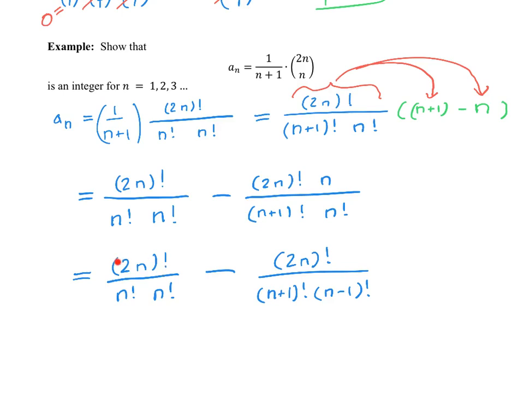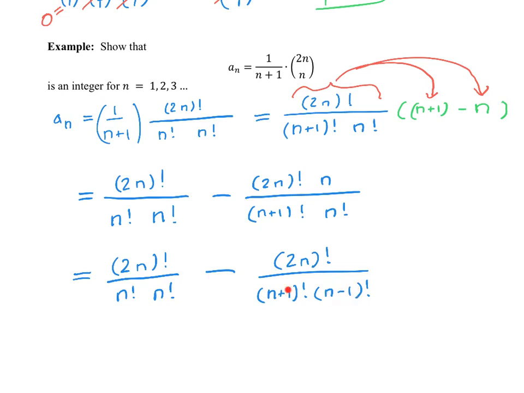We cooked this up so that we'd get a combination here because we wanted to make sure we get rid of that n plus 1. We can verify that we have a combination because n plus n is equal to 2n, and these are all factorials. And the same thing over here. This is a combination. You have n plus 1 and n minus 1.